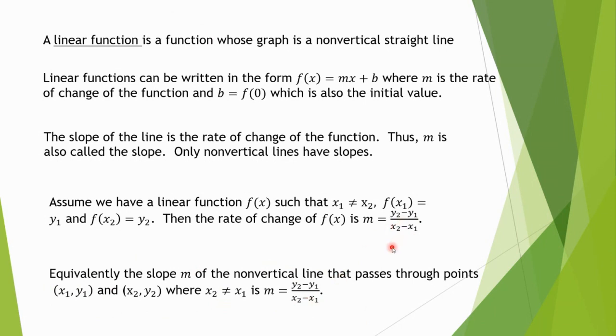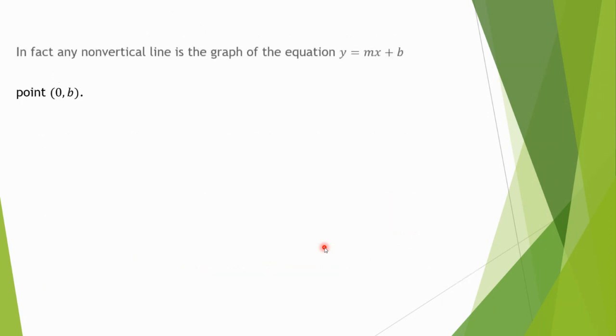Same thing over here. So the slope and rate of change of a linear function is the same thing as it is for a line. And again, the line has to be non-vertical.